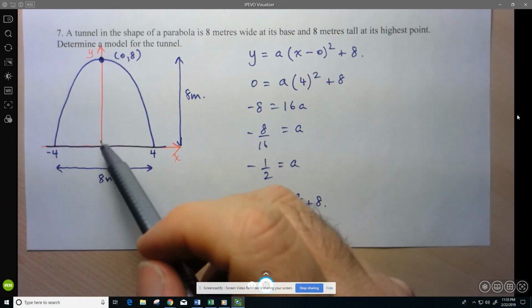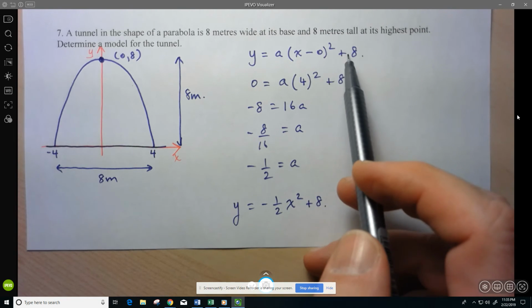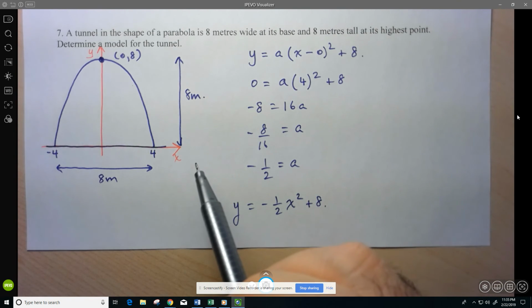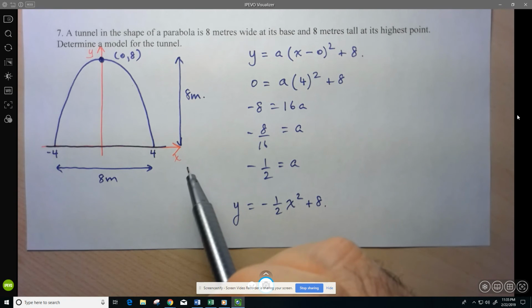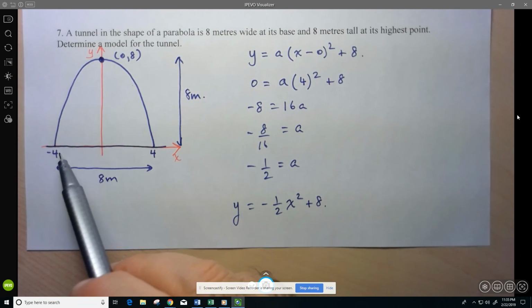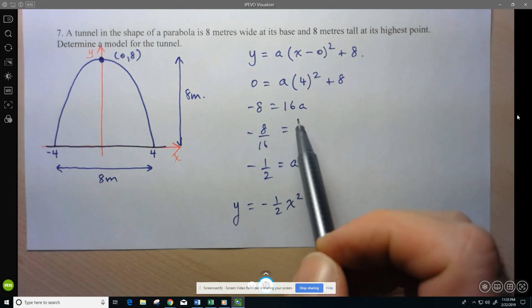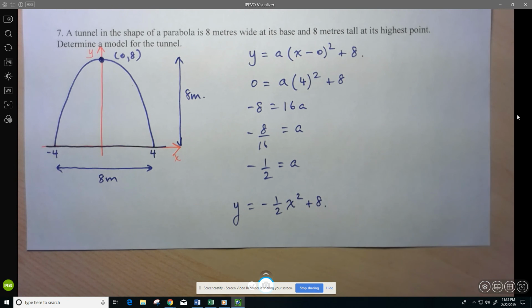From there, we saw that our vertex was (0, 8), inputted that into the vertex form of the parabola, and then we needed another piece of information to solve for a, and I was able to reason out the x-intercepts. I used the x-intercept of (4, 0) in order to determine the equation. Okay, that's it for this one.